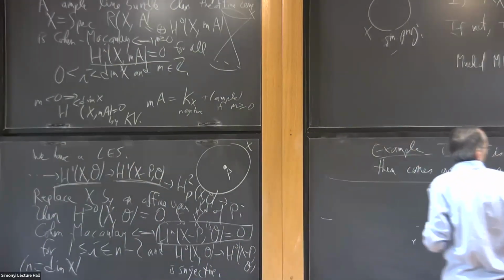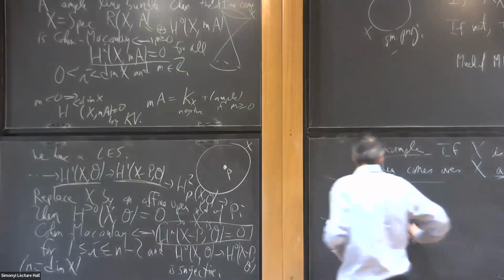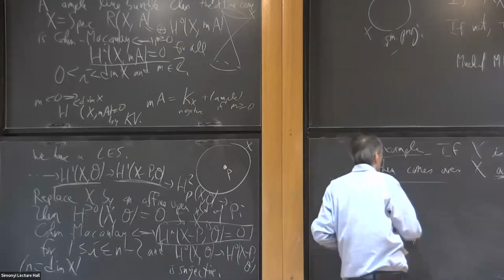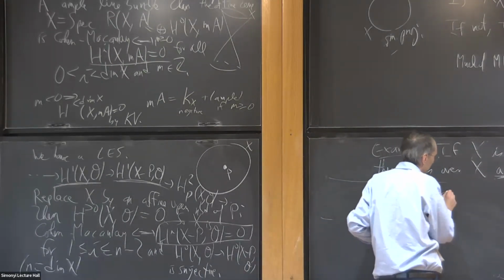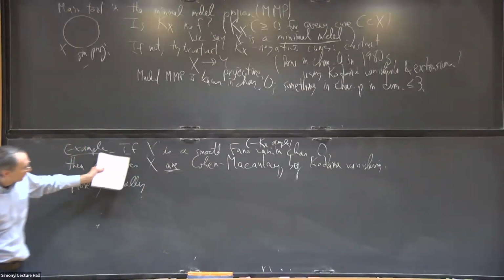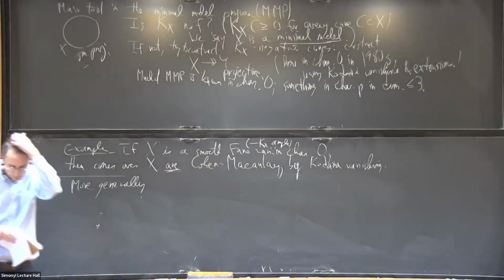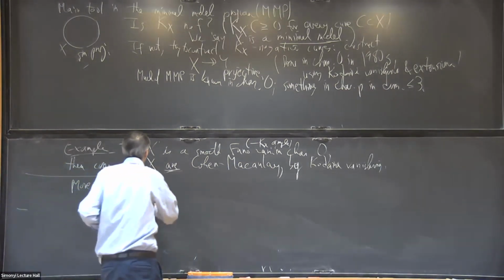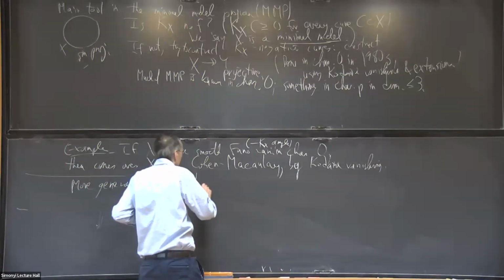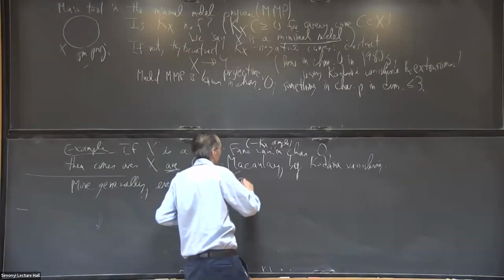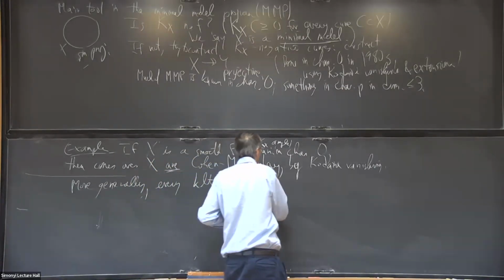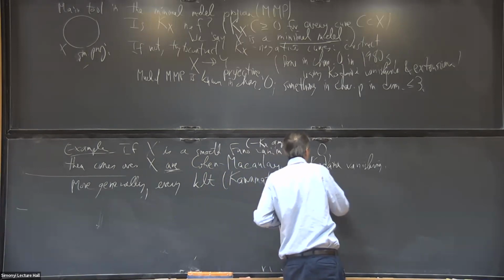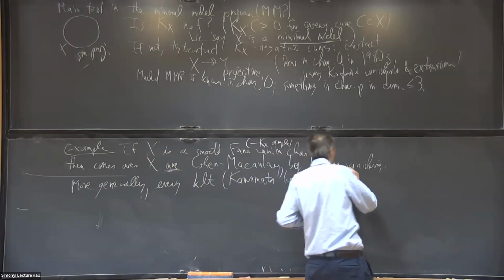Okay, and let's see, a generalization of this fact is that, here I'm just talking about cones, but not surprisingly, there are versions of this statement for general singularities that are not just cones. So every KLT singularity in characteristic 0 is Cohen-Macaulay.